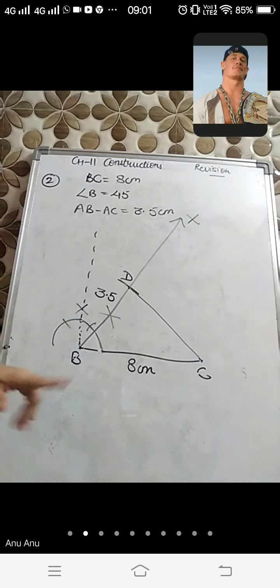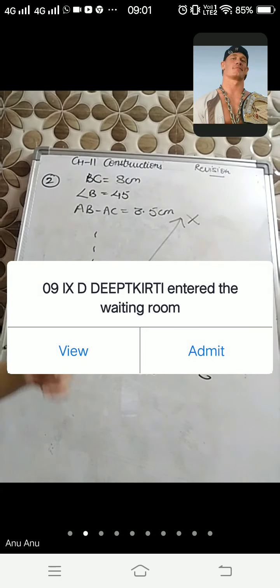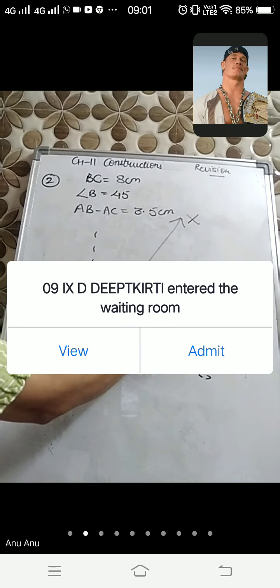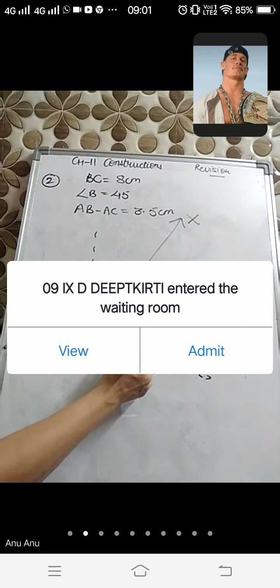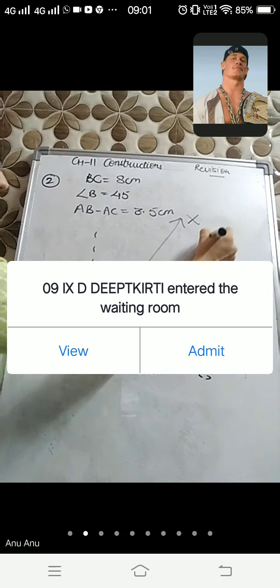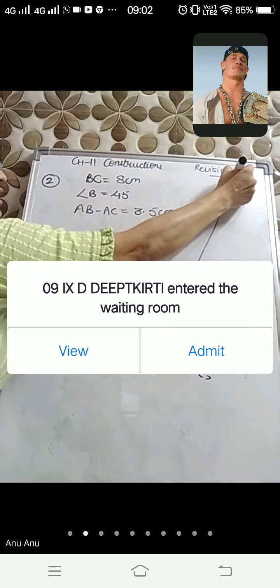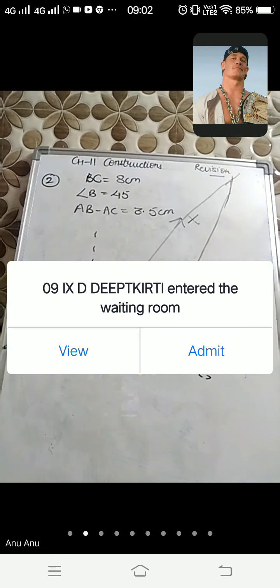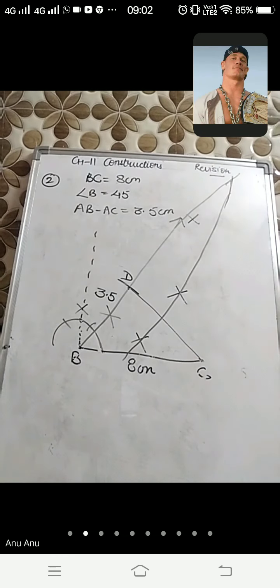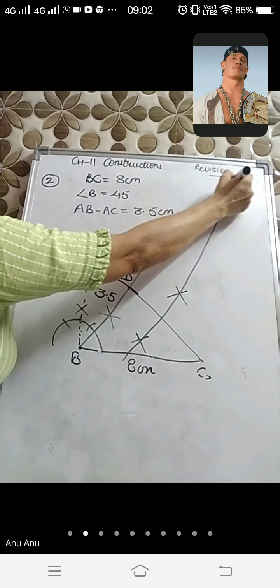If not so, then rub the perpendicular bisector and draw it again. So make the arc from these 2 points by putting the arc like this, and you will join them. Wherever they will meet, they will give you point A.